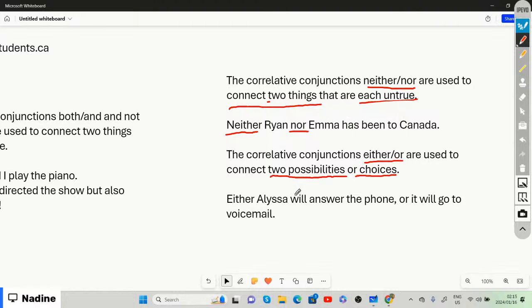For example, it's either Alyssa will answer the phone or it will go to voicemail, meaning you must either answer the phone or just leave it and it goes to voicemail. It's like the two choices that you have, to either answer the phone or to let it just go to voicemail.